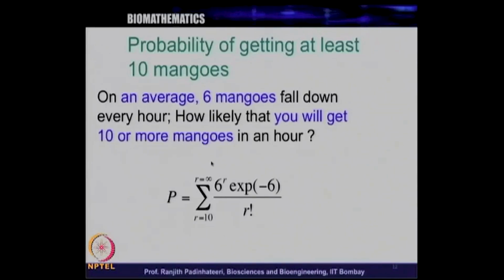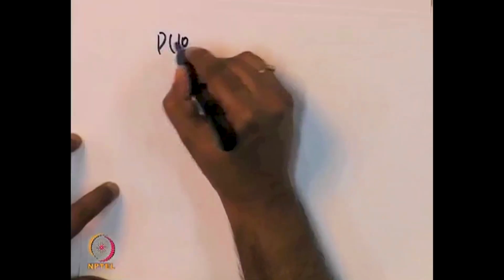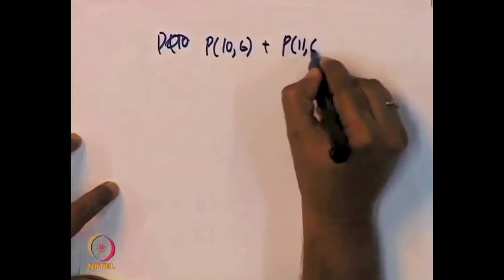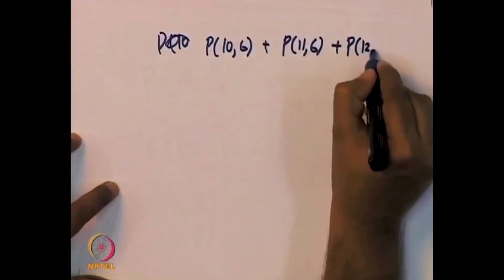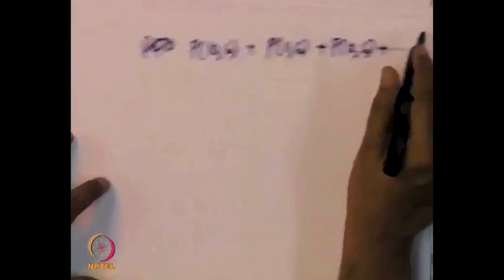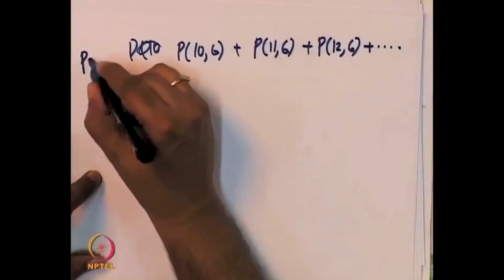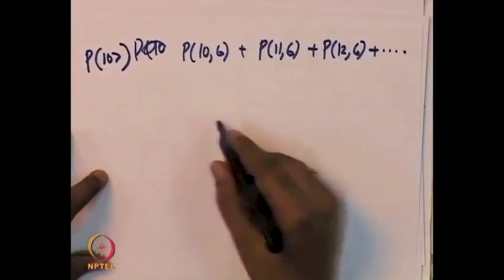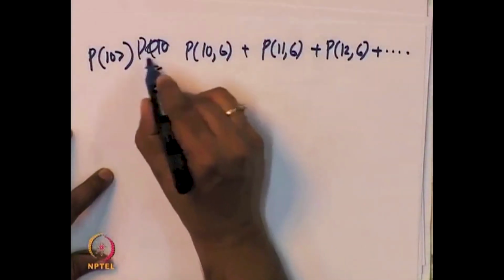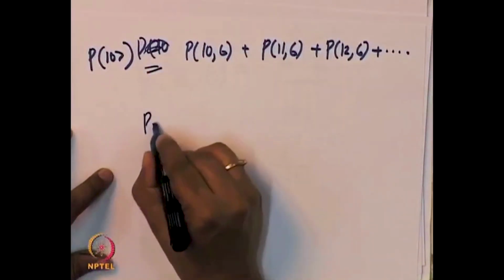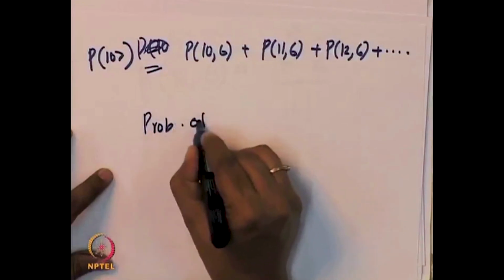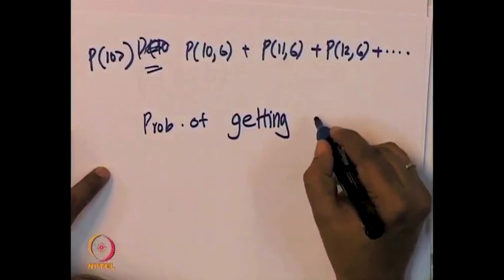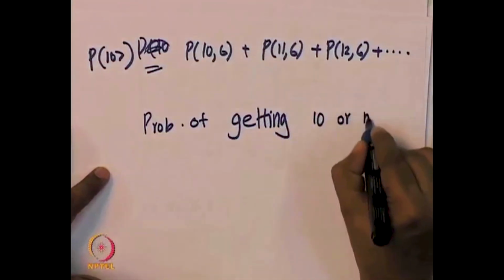That is, you sum over p of 10 given 6, plus p of 11 given 6, plus p of 12 given 6, plus dot dot dot. So, this is the probability that you will get at least 10 or greater mangoes. This is the probability of getting 10 or more mangoes.